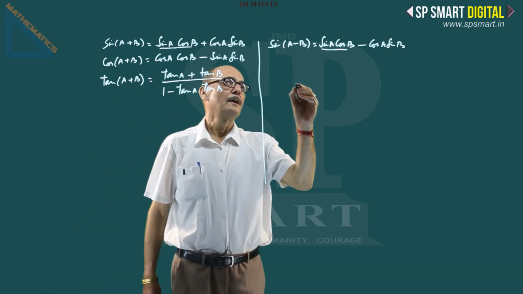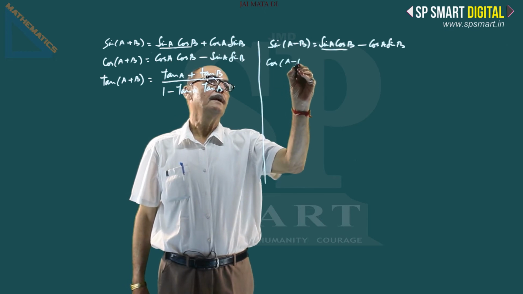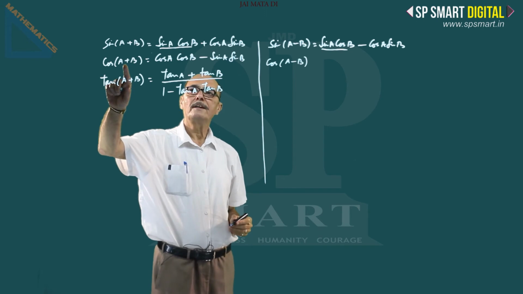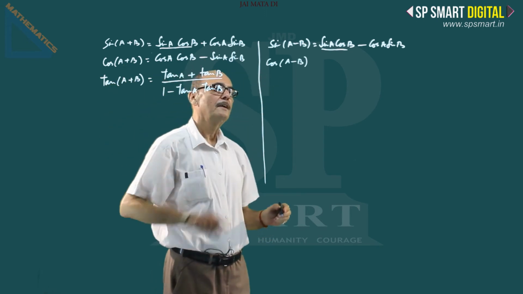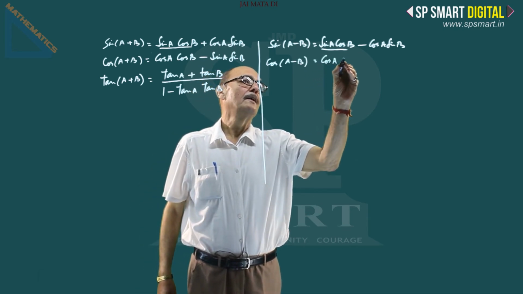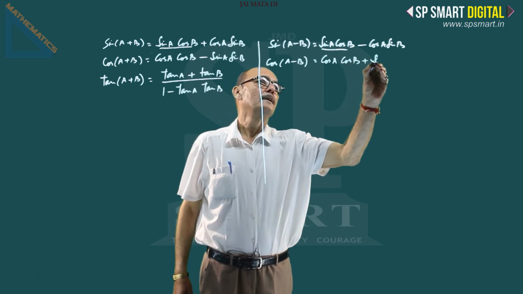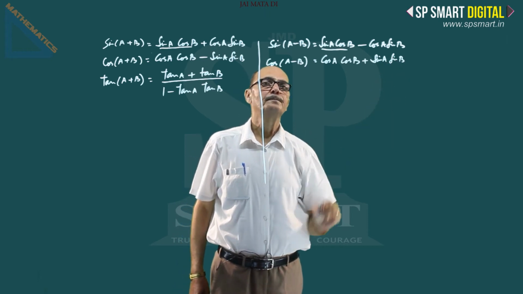Likewise, cos of a minus b. Now, the difference in this case would be, if you have plus here, in between you will have minus, but if it is minus here, in between you have cos of the first angle, cos of the second angle, plus sine of the first angle, sine of the second angle.